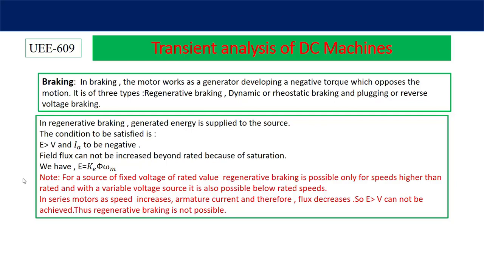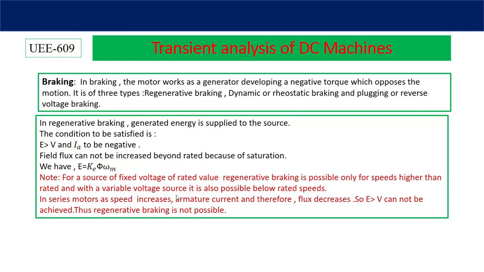But in what we have discussed till now, we have not changed the input supply voltage V, but we have changed the value of phi. So if we change the value of phi, the speed becomes more than the rated speed. That's why this statement is mentioned here, that it is possible only for speeds higher than the rated speed.